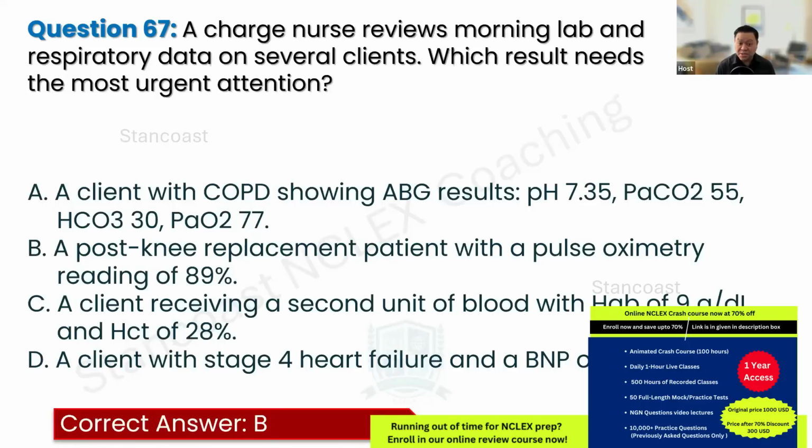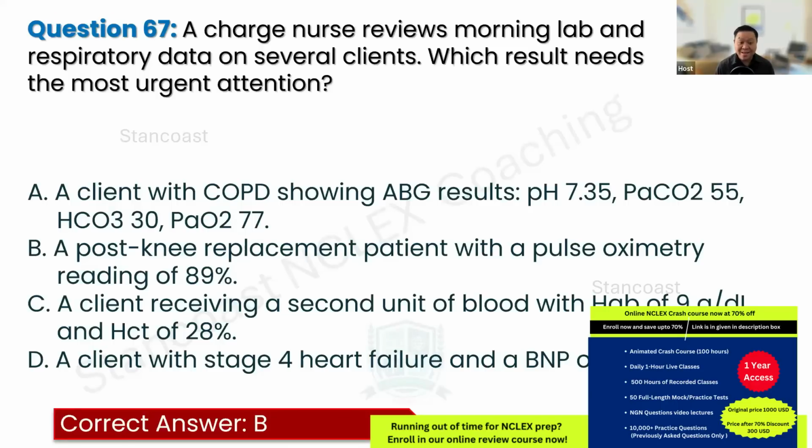The patient with a pulse oximetry reading of 89% indicates low oxygen saturation, and this can put the client at risk for respiratory distress, which requires immediate intervention to prevent further complications. If you selected letter A, this is incorrect because the client's ABG values indicate compensated respiratory acidosis, common in COPD patients, and not immediately concerning. If you selected letter C, the client is receiving blood to address the low hemoglobin and also hematocrit levels.